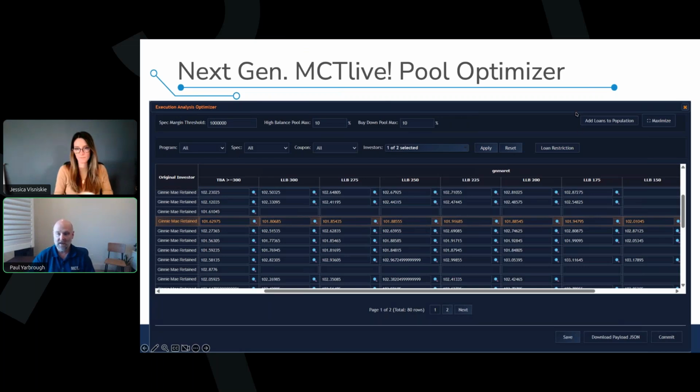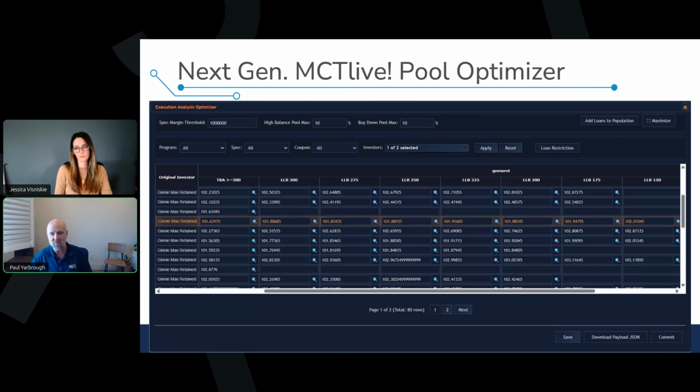The other thing I'll draw your attention to is this add loans to population. If you think, I may not have enough to create a pool today, but I've got stuff in my pipeline that I'd like to consider for this pool, and maybe that gets me to where I need to be. Maybe I've got another 15 loans in underwriting, approved, that I know are going to fund in the next week, because end of the month is coming up.